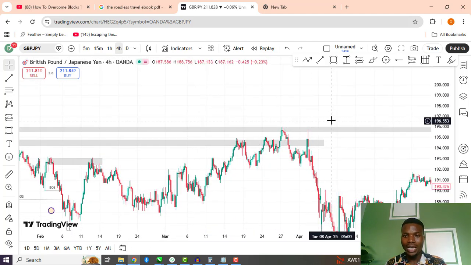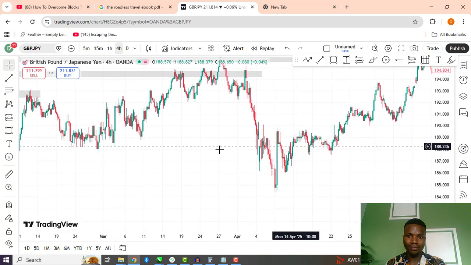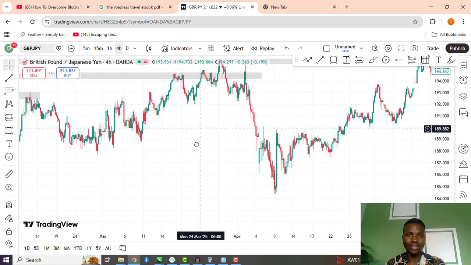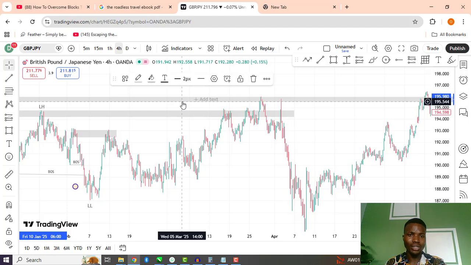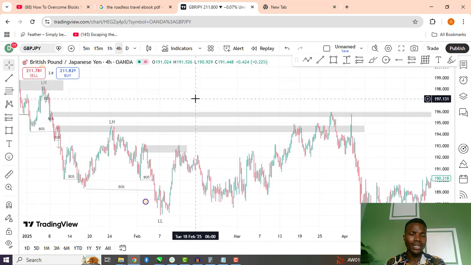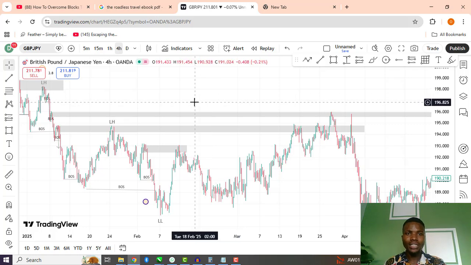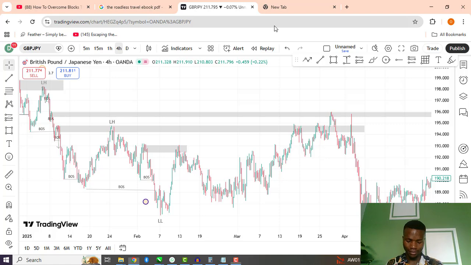And can you see, after that we have a massive selling to the downside. So this is just how price actually moves in the forex market. Price moves based on supply and demand.